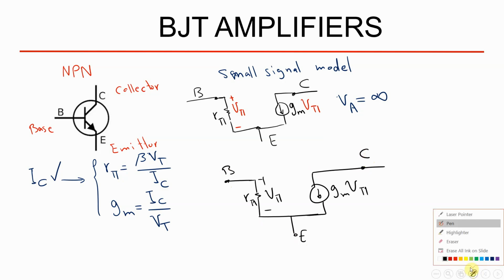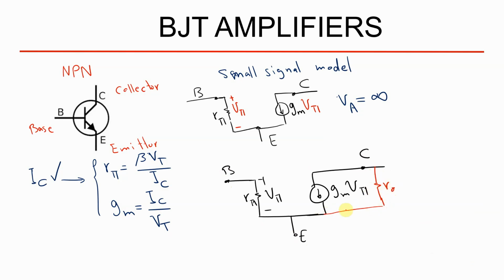But you have to draw another resistor, which is RO, between the collector and the emitter of this device. Okay, and what is the formula related to RO? RO equals to voltage early divided by I collector. Again, you need I collector for calculating RO, and here V early is not equal to infinity, so we have an early effect for this small signal model.